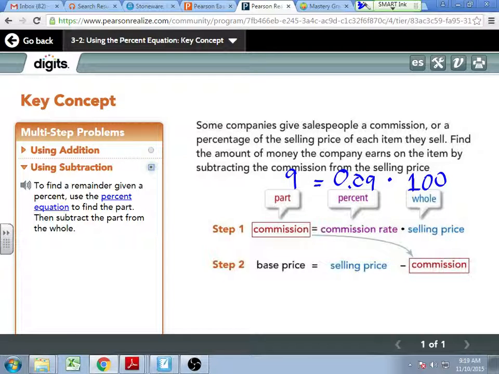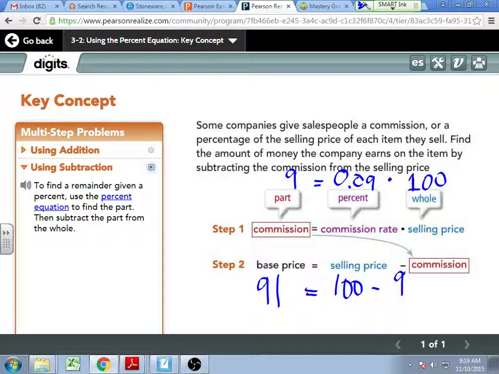So then the base price of the item is your selling price. You take your selling price, subtract away what you earned in commission, and the base price that the store gets is actually $91.